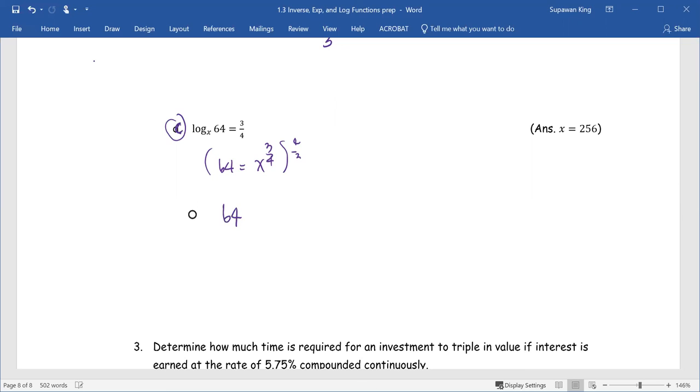So 64 raised to the power 4 over 3 equals x. And 64 raised to the power 4 over 3 means the cube root of 64 raised to the power 4. The cube root of 64 is 4. So 4 to the 4th is 256.